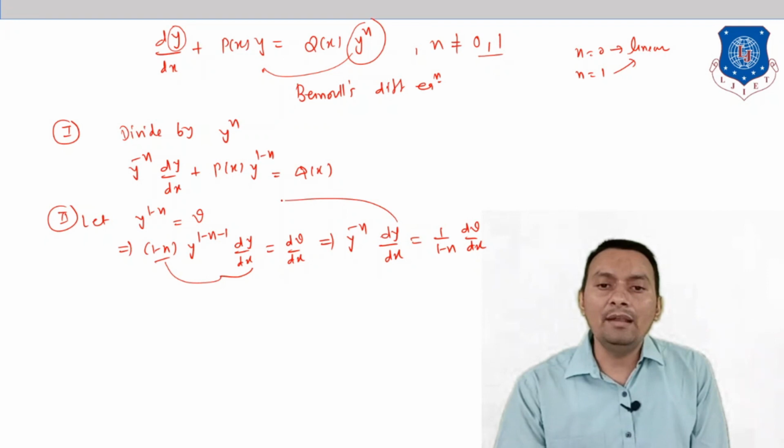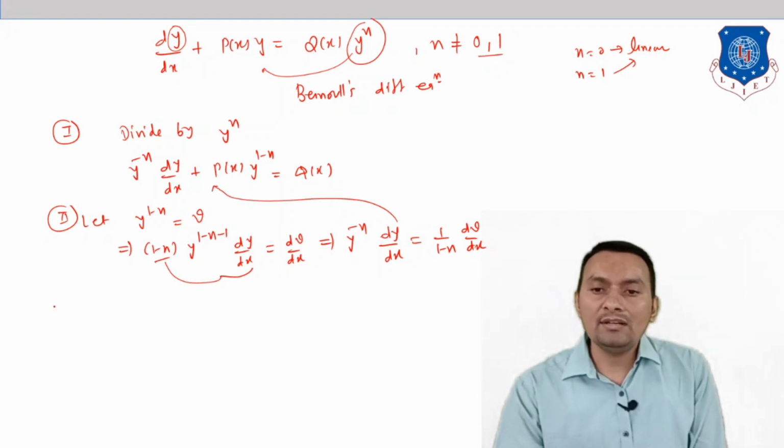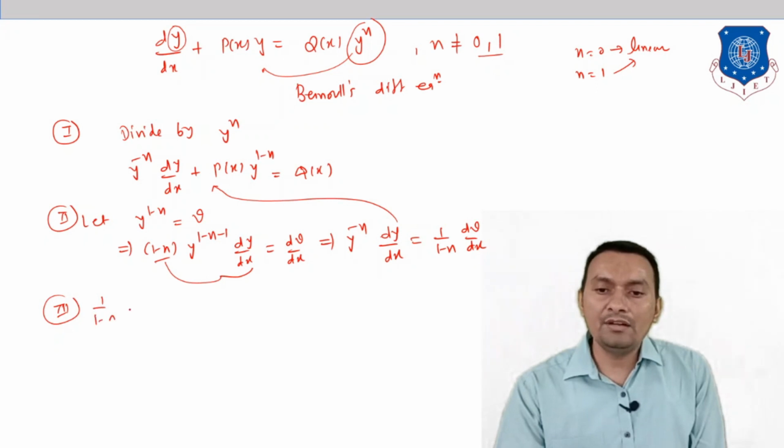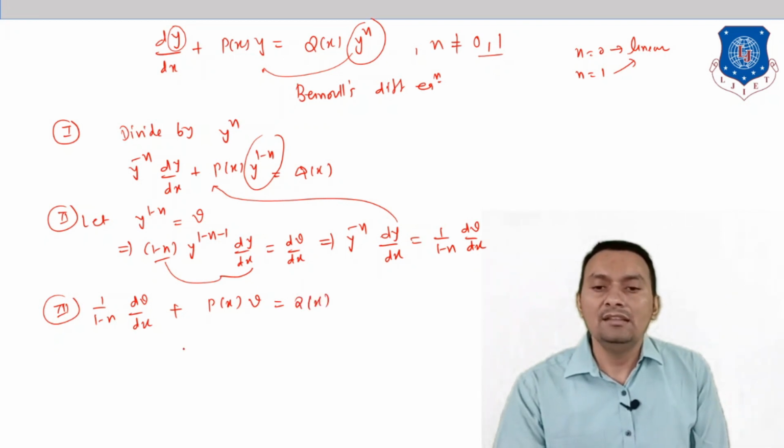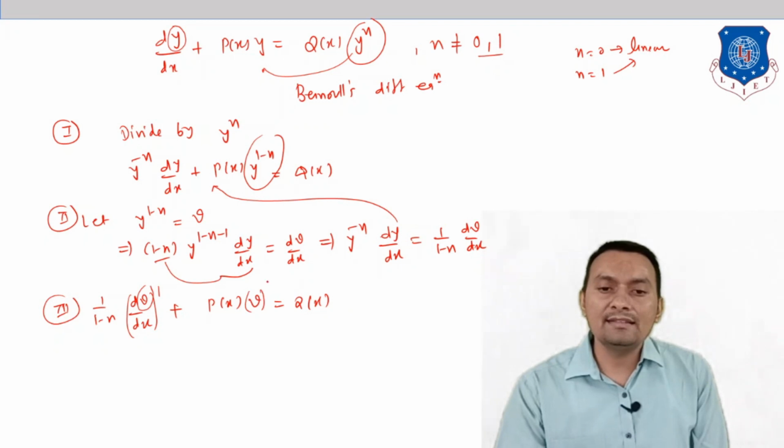Now I'm just replacing over here. So what I will get in step number 3? 1 divided by 1 minus n dv by dx plus p of x times our assumed function v is equal to q of x. Now you can observe that v is the dependent variable and it has degree 1.